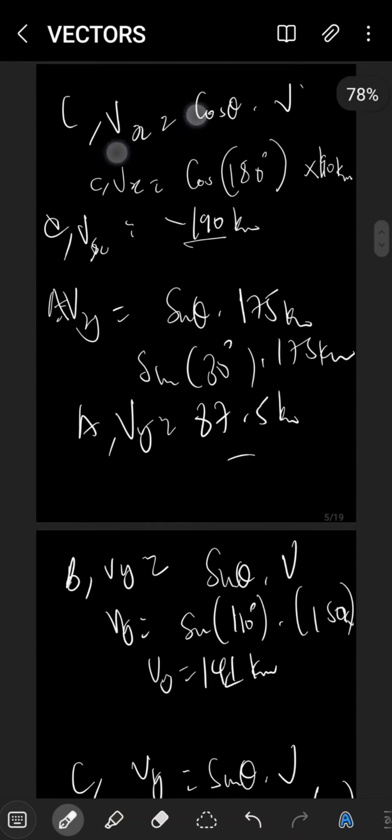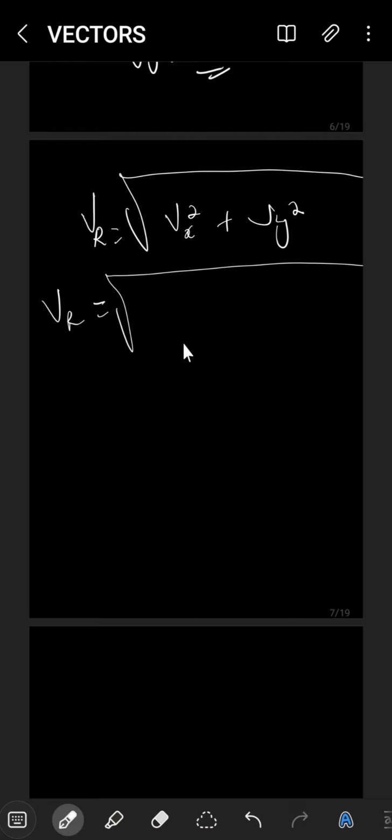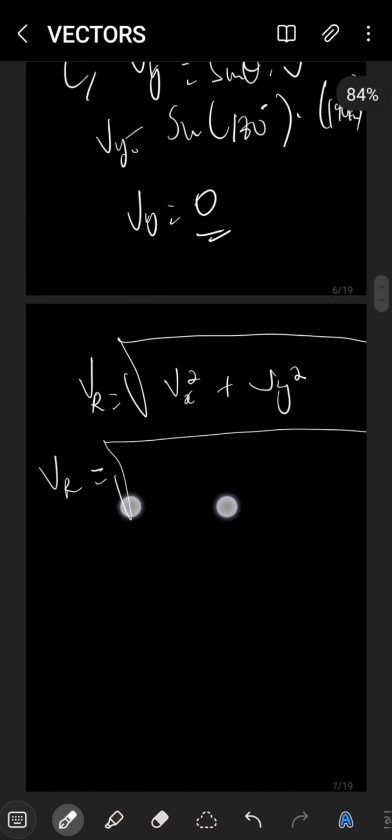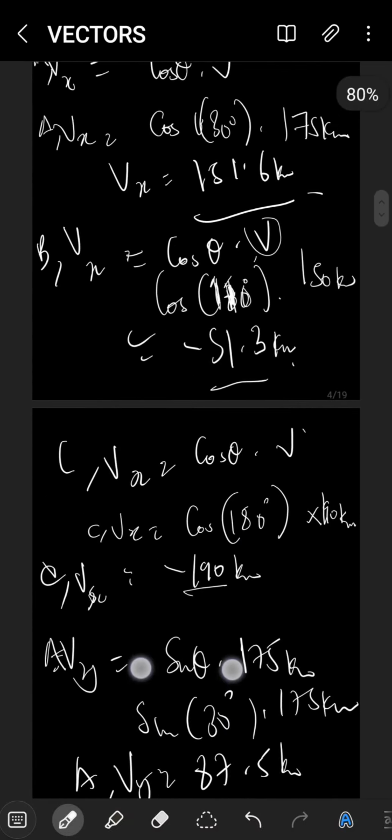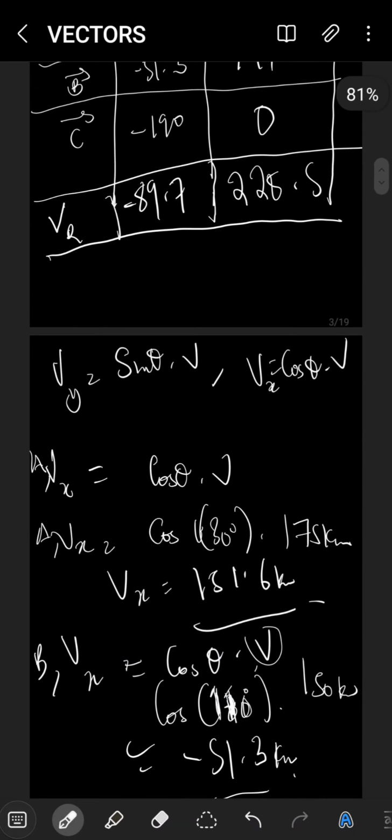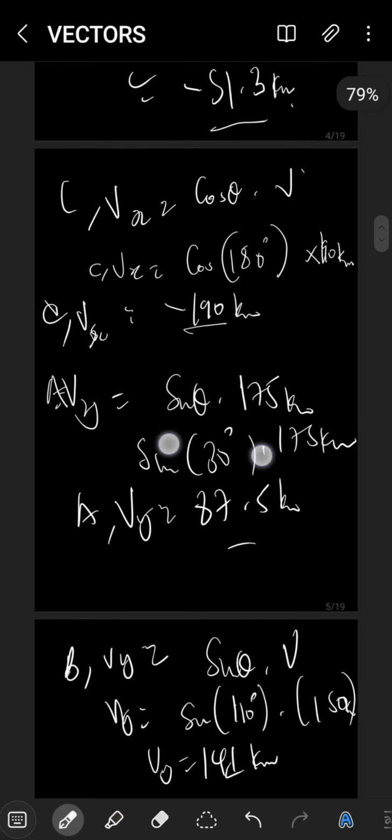All right, how do we find the resultant vector? In the previous video we learned how to find the resultant vector using that formula, the square root of Vx squared plus Vy squared. So we'll have that. What is our resultant vector x? Negative 89.7. Negative 89.7 squared plus, what is our y?